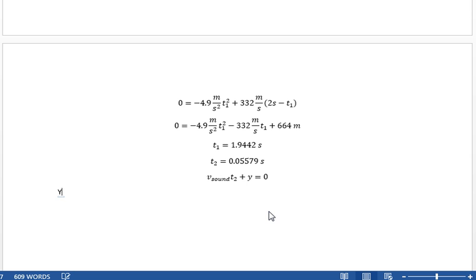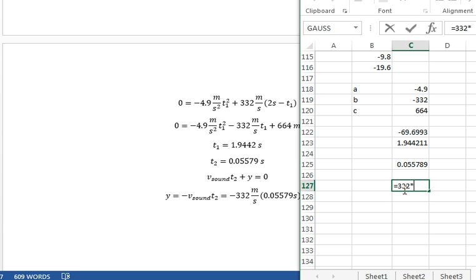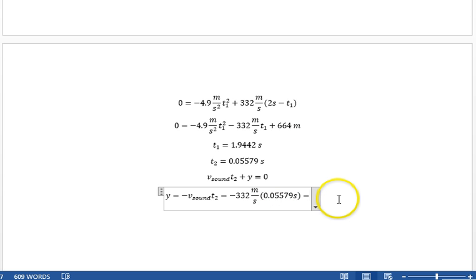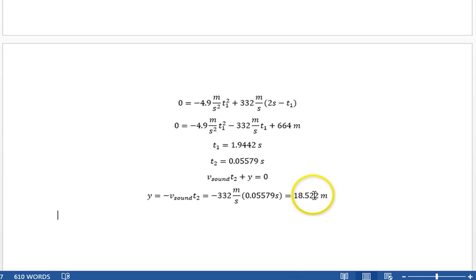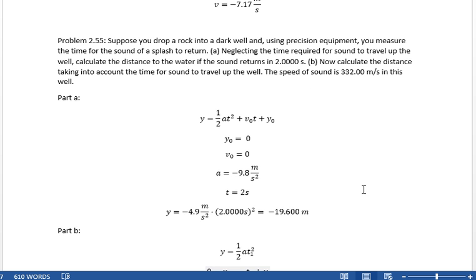So y equals minus v sound times T2, equals minus 332 meters per second times 0.05579 seconds. 332 times that is 18.522 meters. So now the depth is 18.522 meters. All that seems pretty consistent, and that would be it for problem 55.